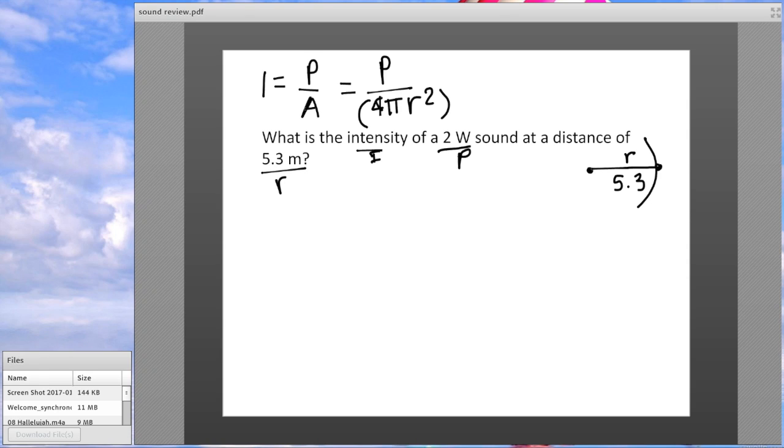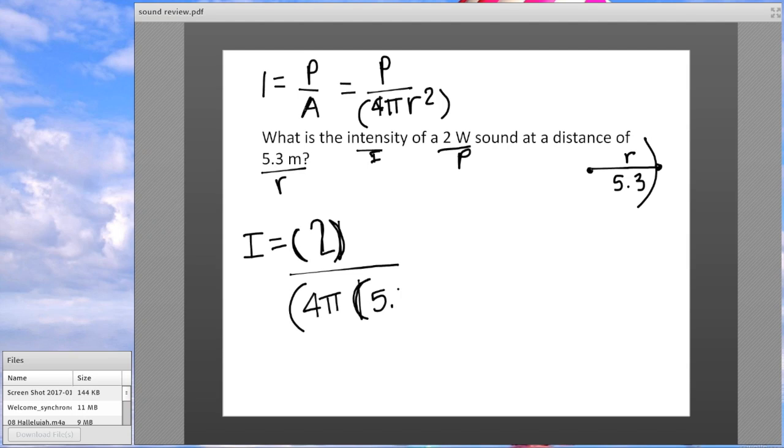Now, I don't have to do any algebra, so I can just do 2. I'm going to put 2 in parentheses. And then I'm going to do 4 pi times 5.3 squared.